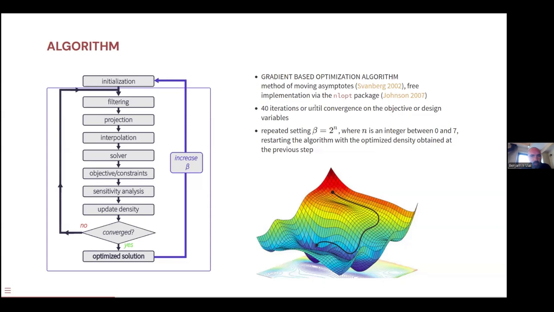In my case, I use 40 iterations. And then this whole loop is started all over again with your optimized solution by increasing the projection factor in order to have a more and more, as I said, binary design. So here's the gist of the topology optimization algorithm.